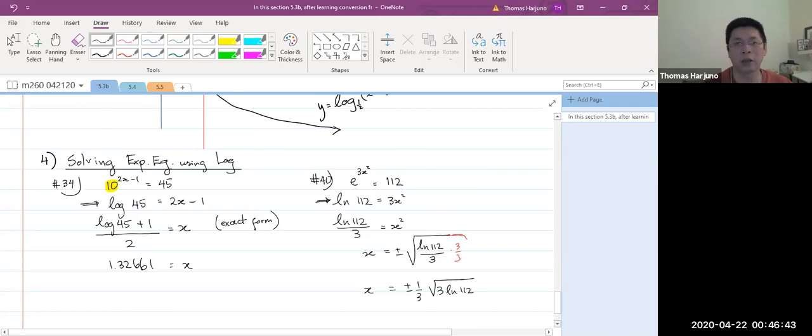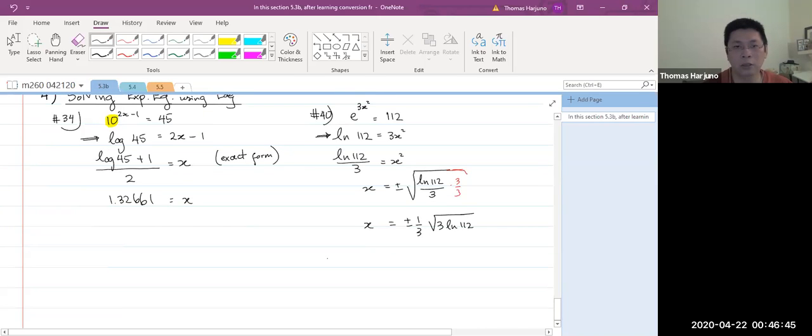So x1 equals 1/3 square root of 3 natural log of 112, and x2 is negative 1/3 square root of 3 natural log of 112. Now, these are the exact solutions, exact form.